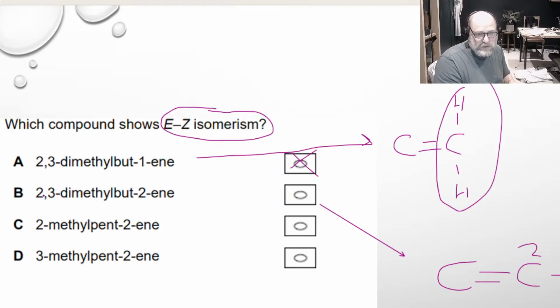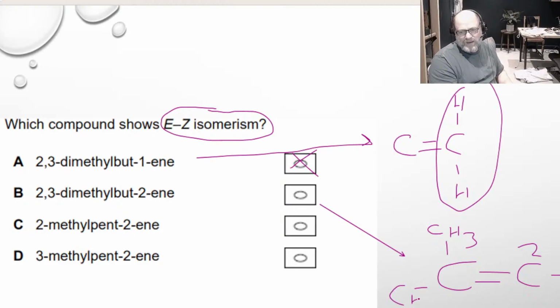And then it says 2,3-dimethyl, so immediately I'm thinking, no, I don't like this. 2, 3. Oh, that means there's a methyl group coming off here. But-2-ene, yeah, that's got 2 methyl groups. They're going to be identical. Oh, that's taken me forever to do.